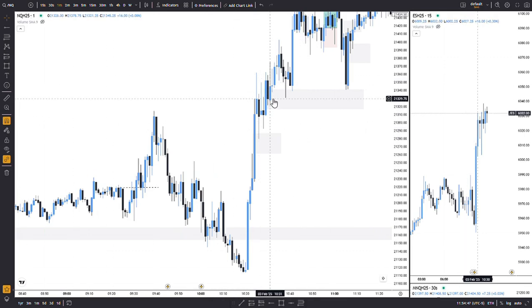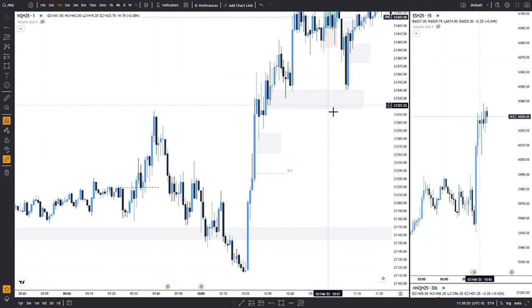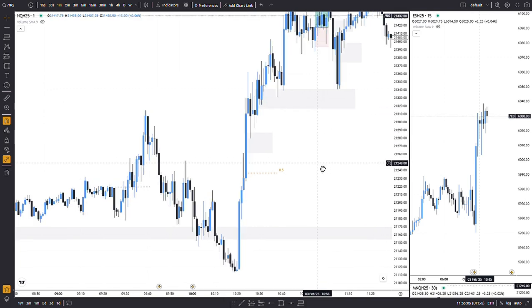And well, we came up here, and I started doing some. I drew the 50% to see if we could get a retracement, because normally when these quick movements happen, we get a retracement to 50%, and then we can get a really good long, a really textbook long.